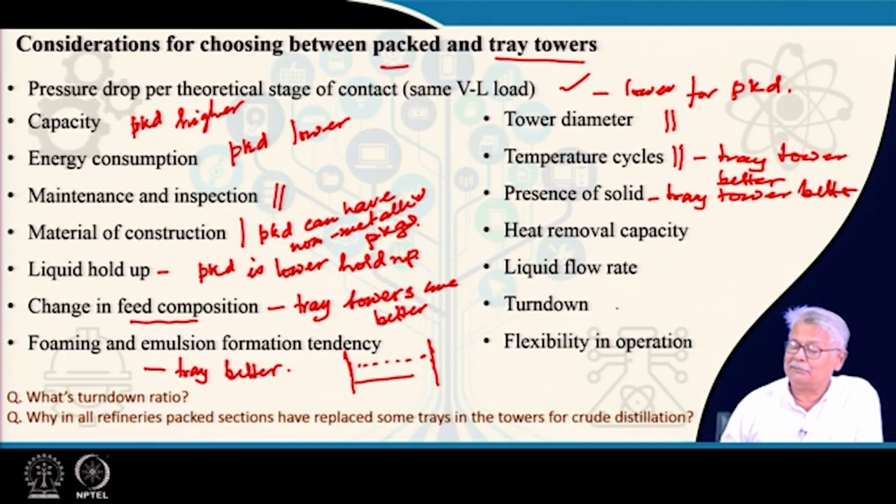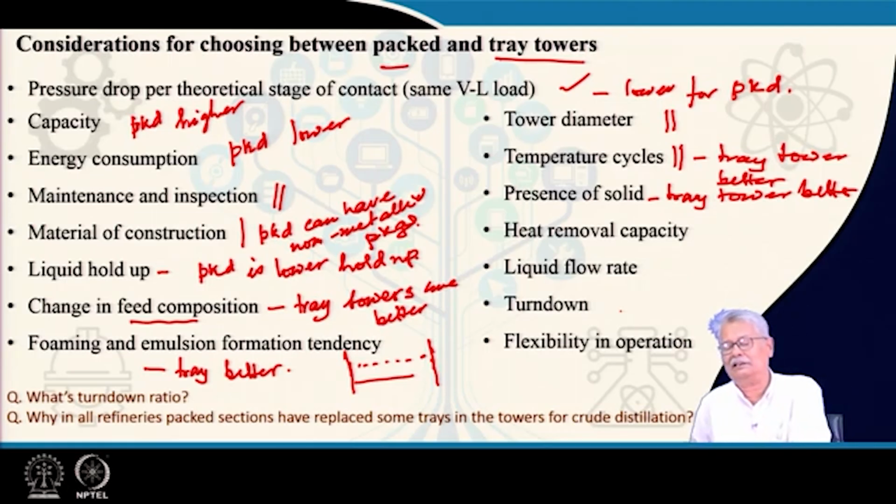Whereas if there is some solid deposition on the packing material, it will restrict the flow of both the gas and the liquid. In no vapor liquid contacting do you expect a large amount of solid, but even if it is there due to some unavoidable reasons, your tray towers will be performing better.